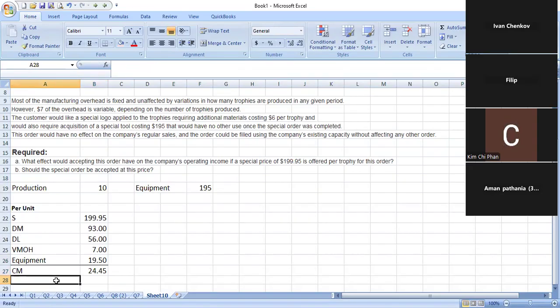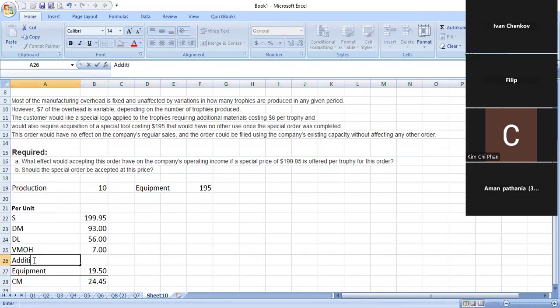What shall we do? Additional material costing. Which additional? The logo. Oh yes, the trophy requires an additional $6. Oh, there we go. Let's add another one, additional cost. You see, I forgot about this, $6.